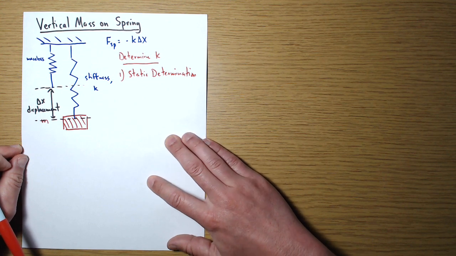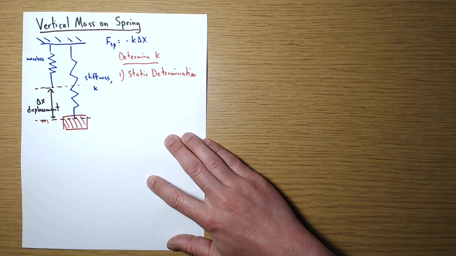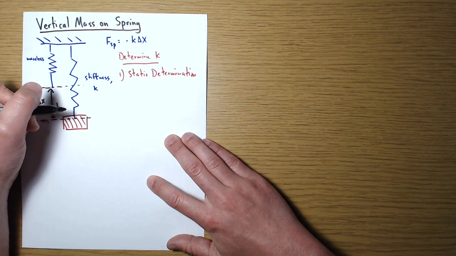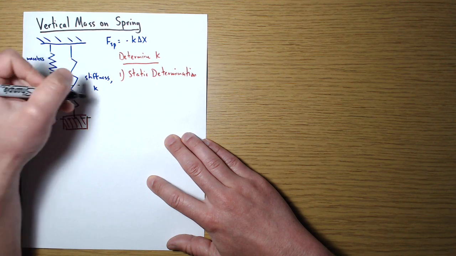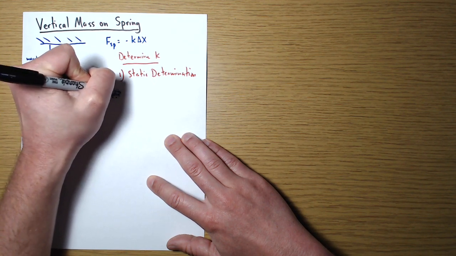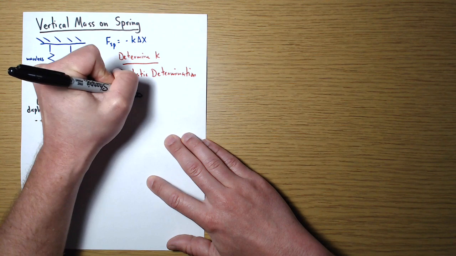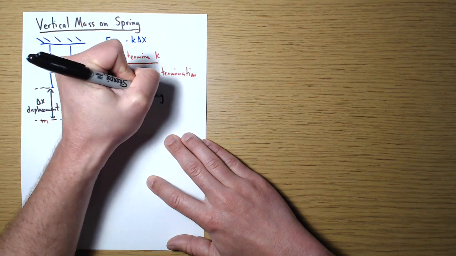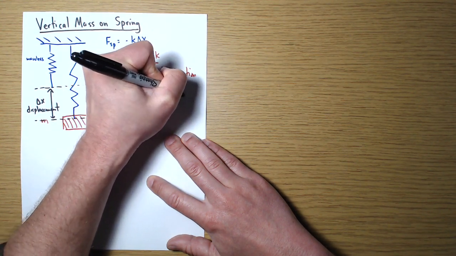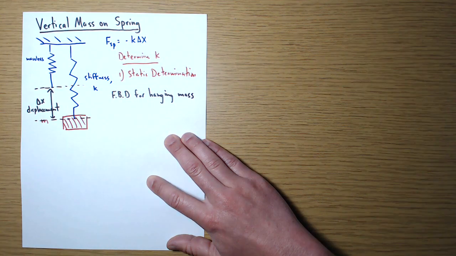Okay, now on the static determination, basically what we can say is we can set up a Newton's second law type of equation and say that I'm going to draw a free body diagram for the hanging mass. And in a free body diagram for the hanging mass, we will notice that there's only two forces acting on it.